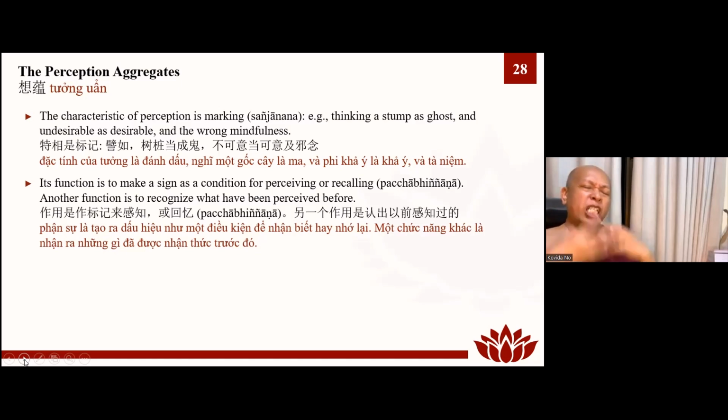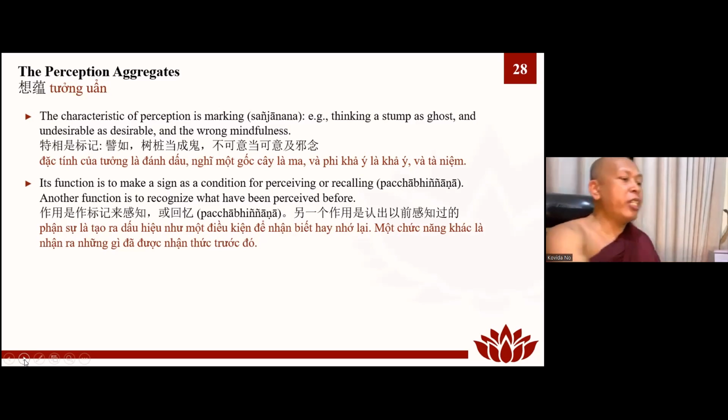The perception can be both good and bad. Sometimes if we have wrong perceptions, it's very difficult to remove. The function is to make a sign as a condition for perceiving or recalling. Another function is to recognize what has been received before.